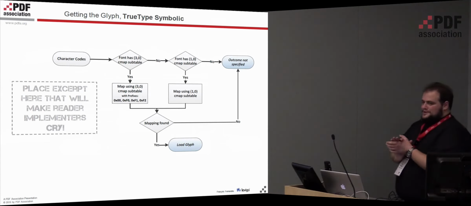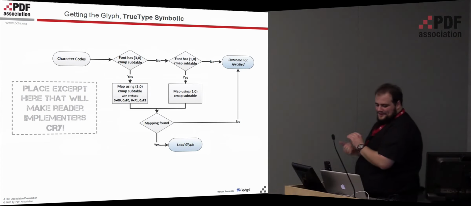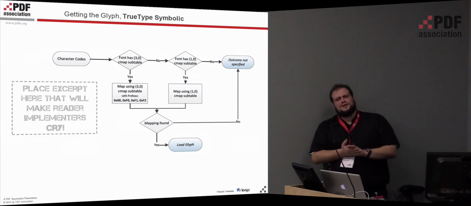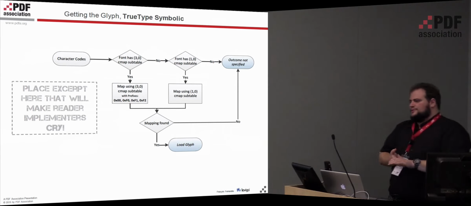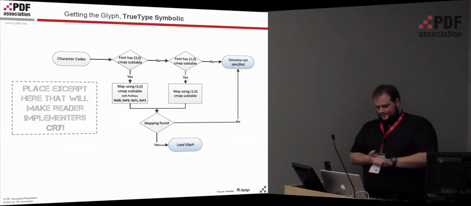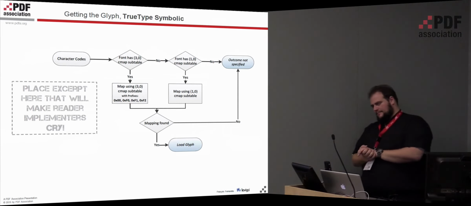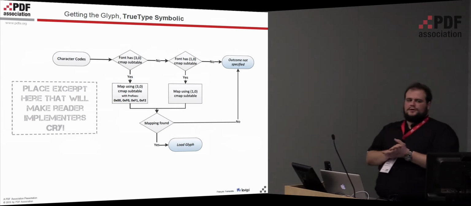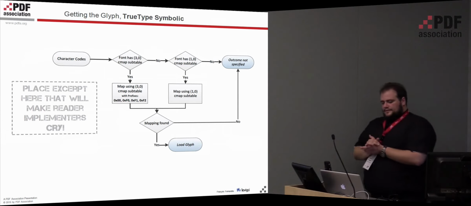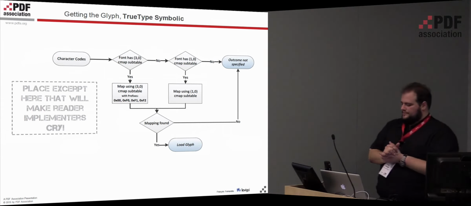So, and now comes the fun part. As I said, TrueType is always a little bit special. We have a so-called TrueType symbolic encoding. That means if there is a specific flag set, we should use a symbolic encoding. And there's a lot of decisions to make.